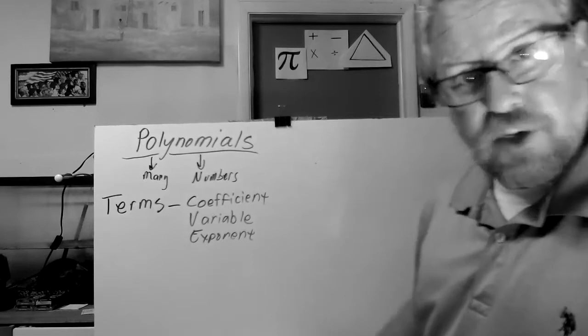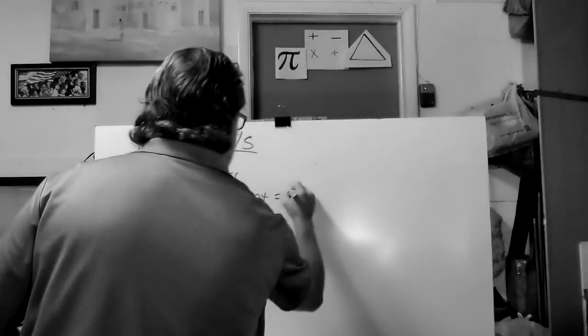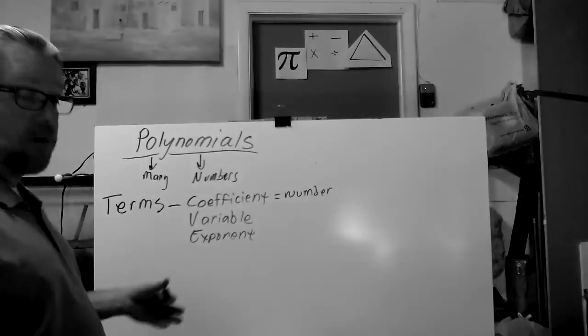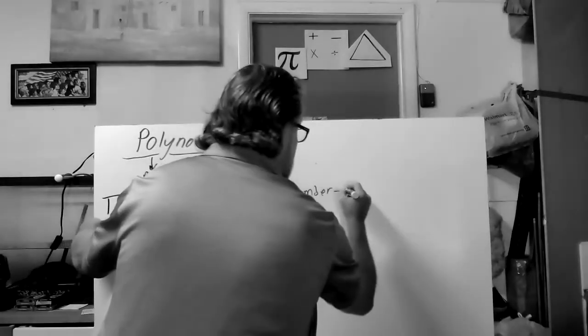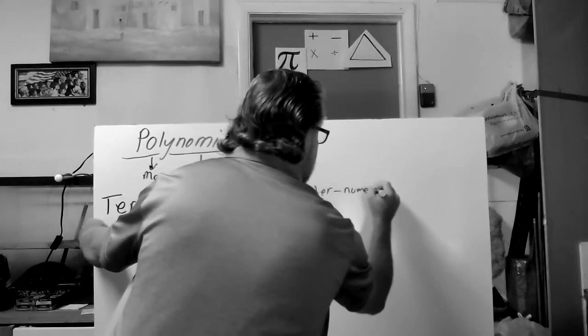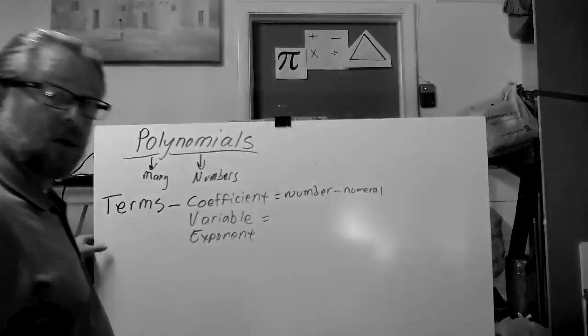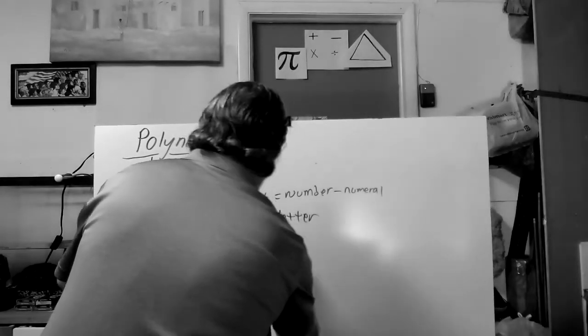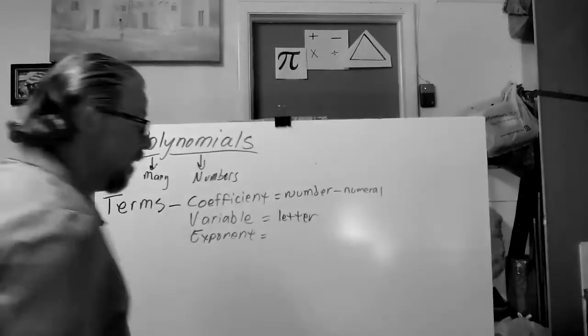I'll write down my coefficient is the number. Or really, you should say the numeral if you want to be super specific. There is a variable, which is typically a letter. And finally, the exponent, which is the power.